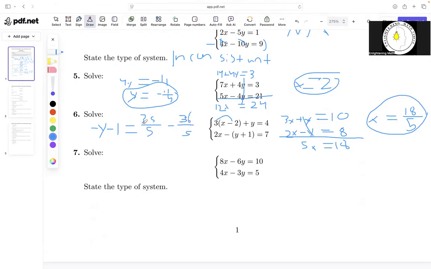So what we have now is this side of the equation becomes negative 1 over 5. And then we just have to add 1. So when you add 1 to negative 1 over 5, you just get 4 over 5. And we need to cancel out this negative. So y is equal to negative 4 over 5.